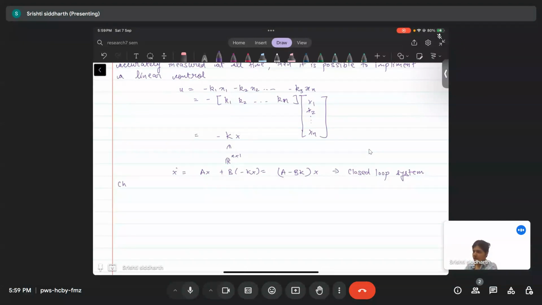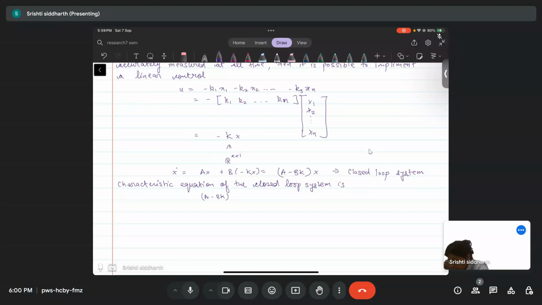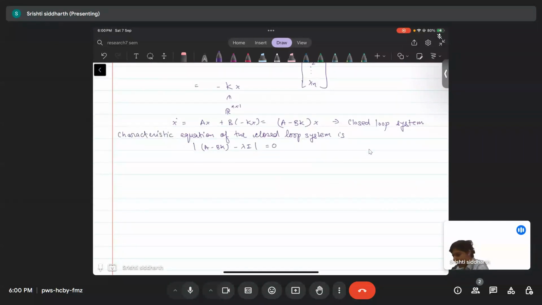Okay, so the characteristic equation of the closed loop system is the determinant of A minus BK minus lambda I should be equal to 0. So you get an nth order polynomial from there. So that would be the characteristic equation.